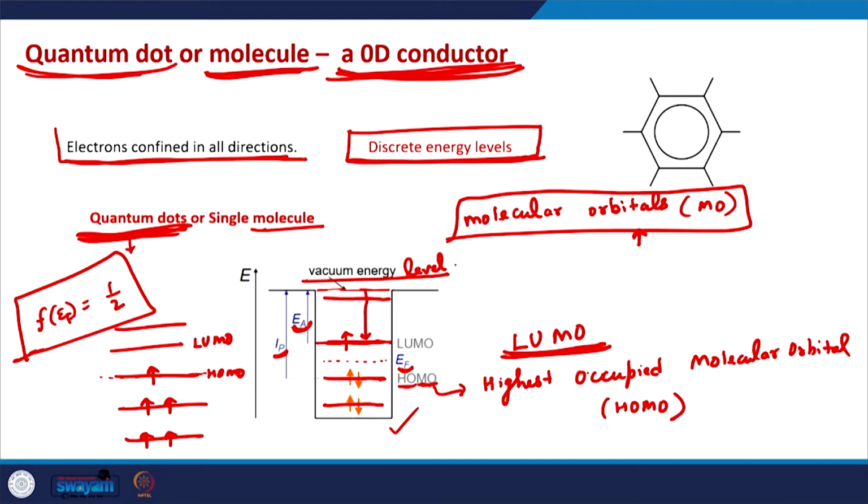So, that is known as the electron affinity of the quantum dot. The difference between vacuum energy level and HOMO energy level is known as the ionization potential.